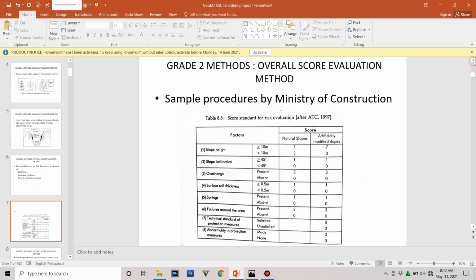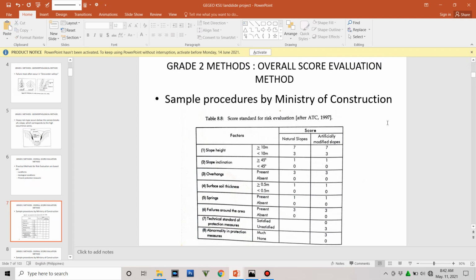So we have here a sample procedure by the Ministry of Construction. As we can see here, we have a checklist of the geomorphological condition, the presence of spring, and then the failures around the area.